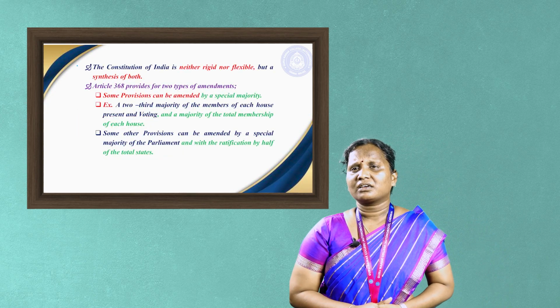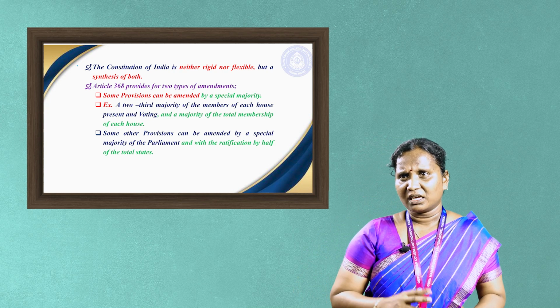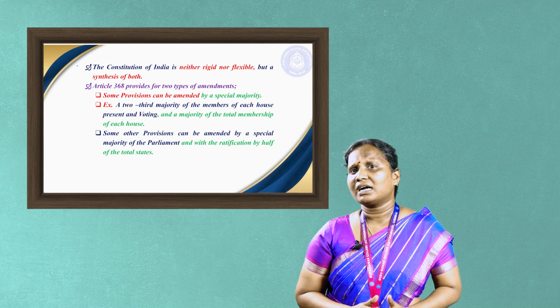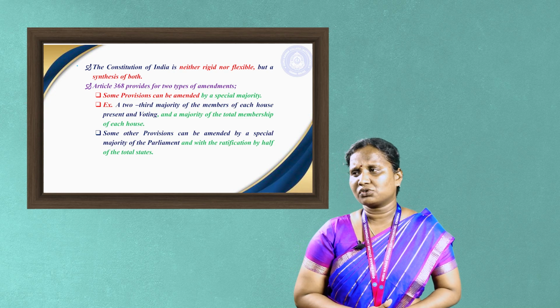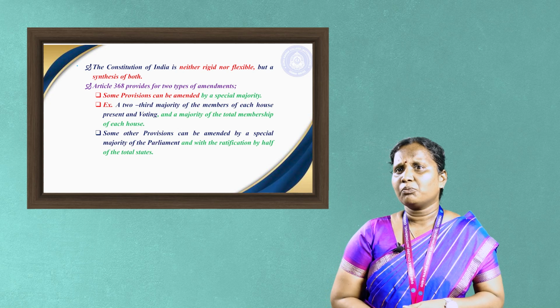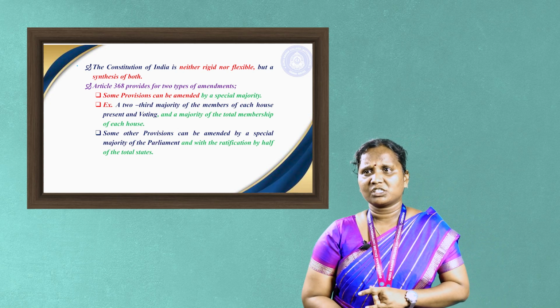But the Constitution of India is neither rigid nor flexible, it is a synthesis of both. Article 368 of the Indian Constitution provides for two types of amendments. First, some provisions can be amended by special majority.